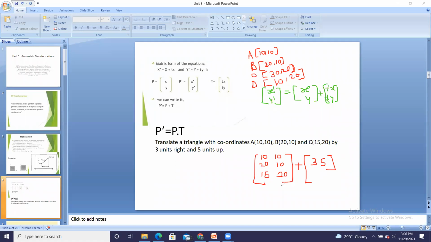But if this is your original A and this is your translation matrix T, then I should get some formula so that whenever I perform multiplication between them, I will get my new A dash, or simply P. That is my requirement in case of combined transformation.